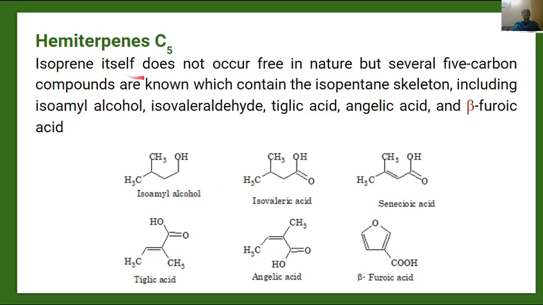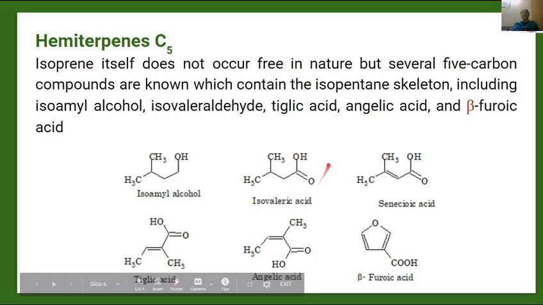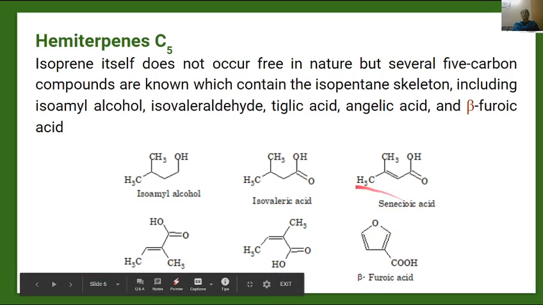Isoprene itself doesn't occur free in nature, but several 5 carbon compounds are known which contain the isopentane skeleton, including isoamyl alcohol, isovaleraldehyde, tiglic acid, angelic acid, and senecioic acid. All these are terpenes, formed by the joining of different isoprene units. The structures of these hemiterpenes are depicted in the examples.